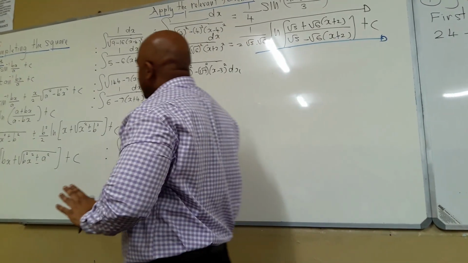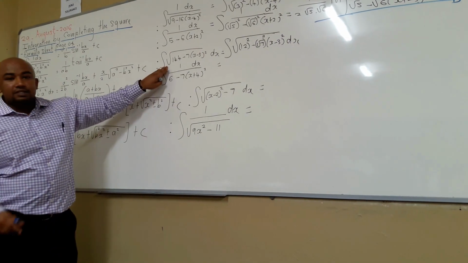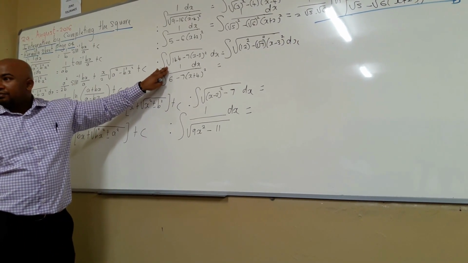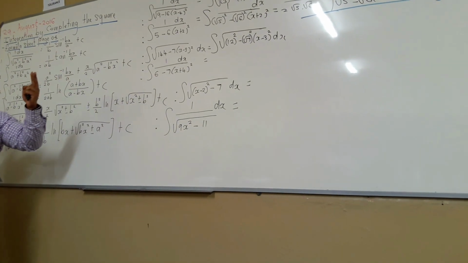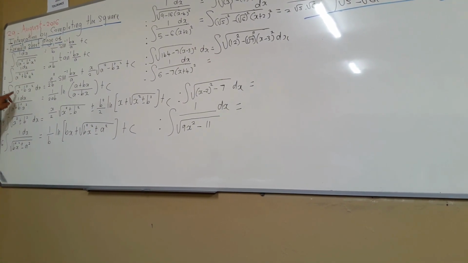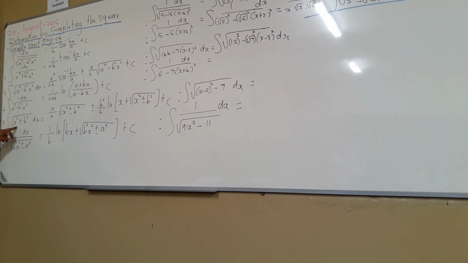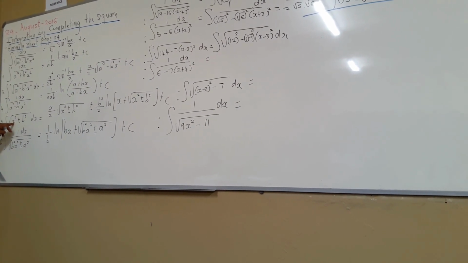So let's check this. Be careful. You have a square root here. It is not a fraction. There's 2 formulas that deal with square roots. Number 3 deals with a square root which is not a fraction, and number 5. Can you see that? So be careful. Is it number 3 or number 5?